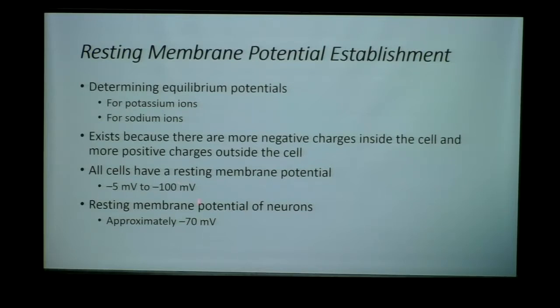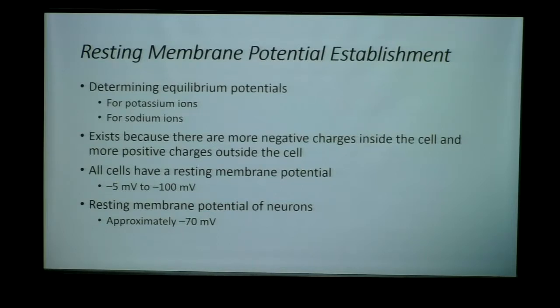And so different cells have different resting membrane potentials, depending on where that cell is, whether it is an excitable cell, whether it's just a resting cell, a cardiac cell, a muscle cell, et cetera. And that can be anywhere from -5 millivolts all the way to -100 millivolts. But when we look at neurons specifically, the resting membrane potential of a neuron is -70 millivolts.